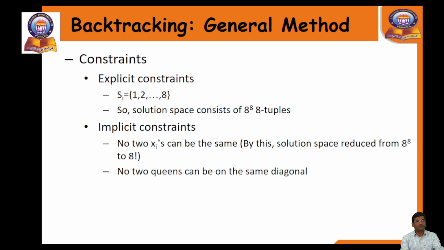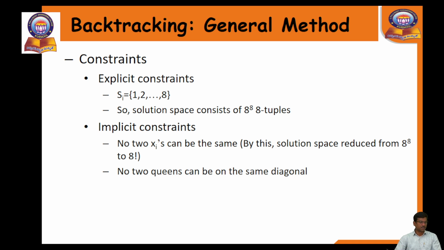Similarly, for the constraints, as I mentioned, there are two types: explicit constraints and implicit constraints. In the case of the explicit constraint, for example in the 8 queens problem, Si equals 1, 2, 3, 4 and so on, because the possible values range from 1 to 8, as there are 8 queens.